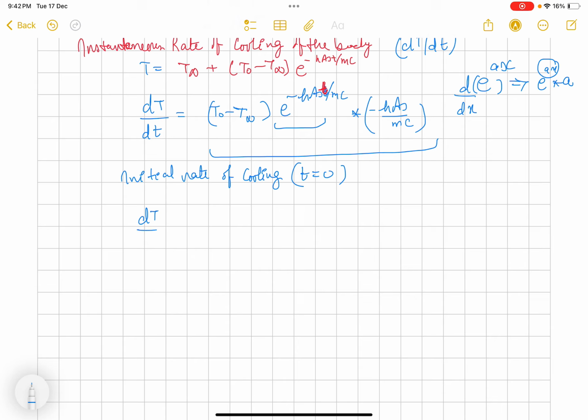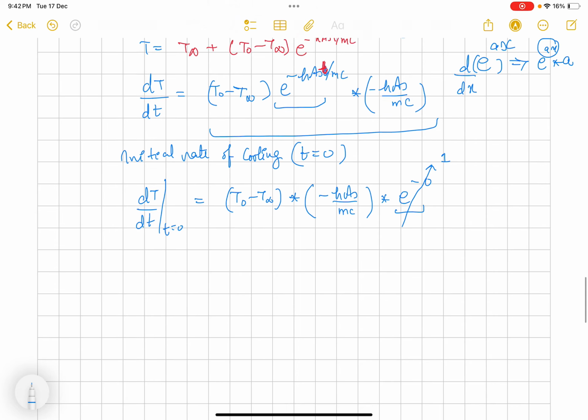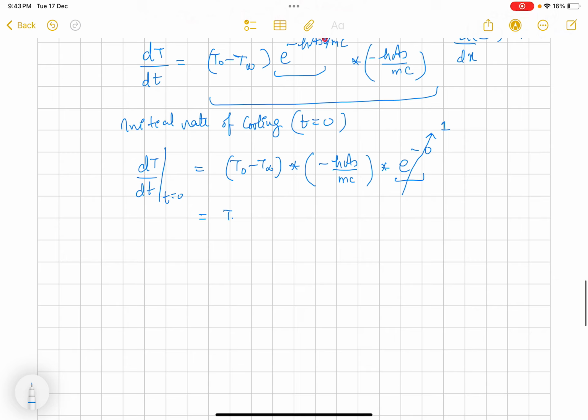So if we put t as 0, we will have (T0 − T∞) times minus hAs divided by mc times e power 0, which is nothing but 1, and we get (T0 − T∞) times minus hAs divided by mc.